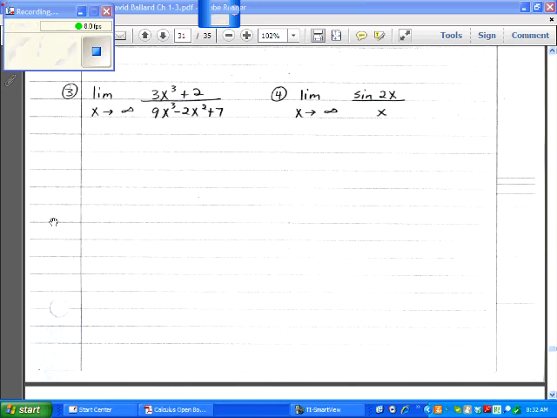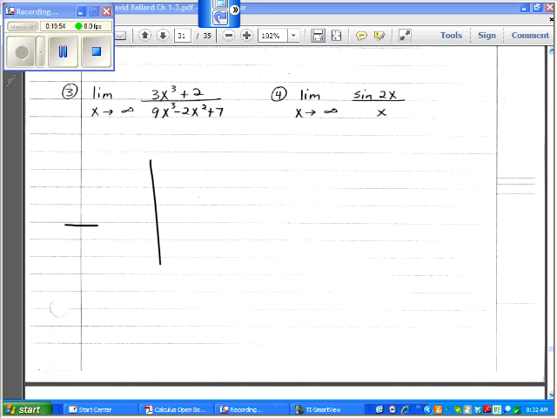Well, let's think about this. Let's just think about the graph of a sine wave. The graph of a sine wave starts where? And then it's going to go up to, and then it's going to go back to, and then it's going to go down to, and then back up to 0.